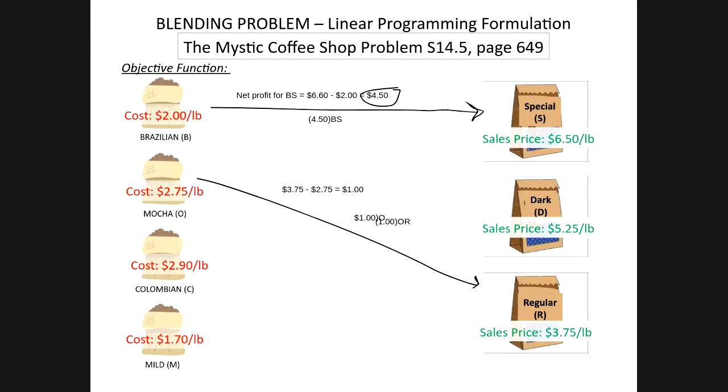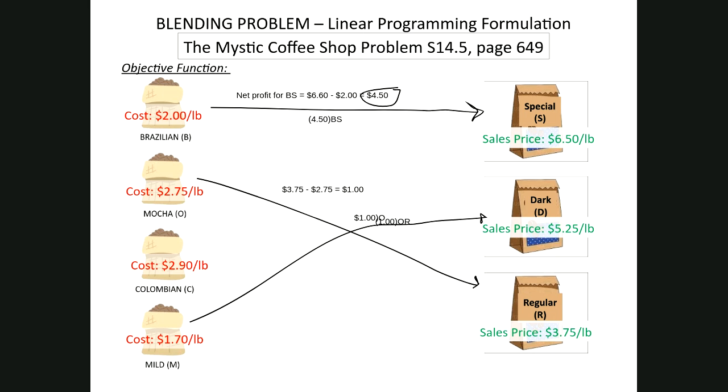Let's take a look at another one. Mild that goes into the dark. What's the net profit? Net profit is $5.25 minus $1.70. So the net profit, let's see if I can do this, is going to be $3.55, I believe.